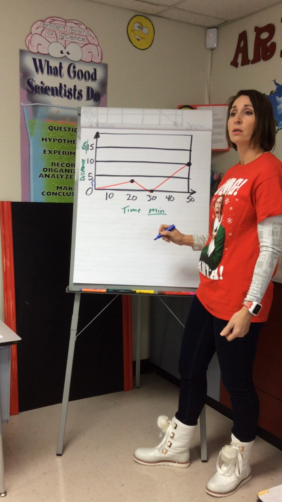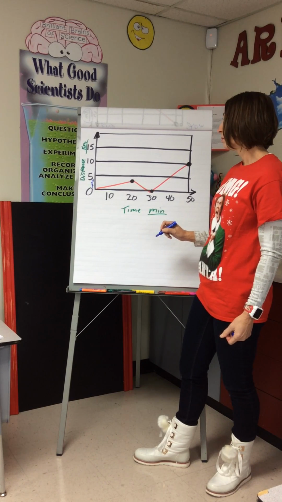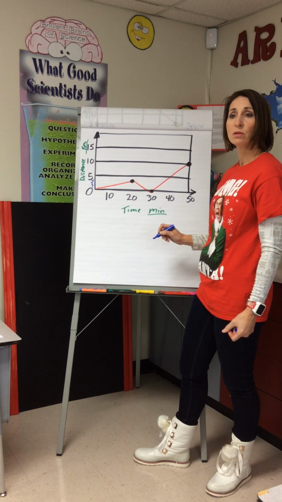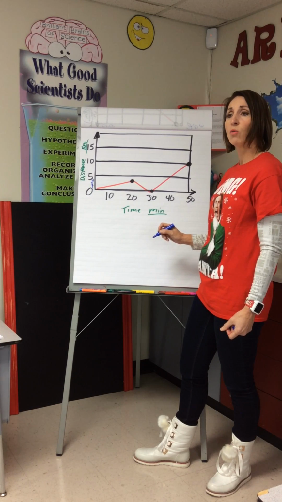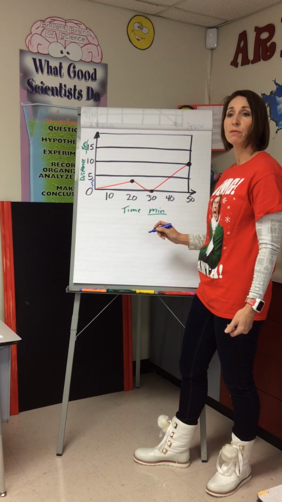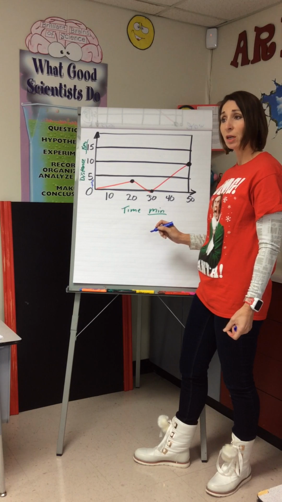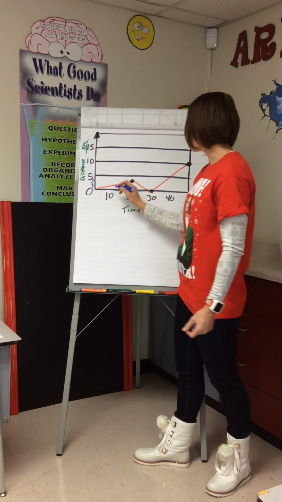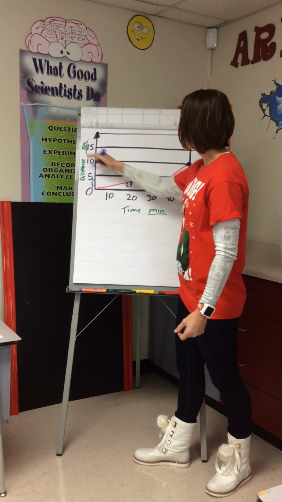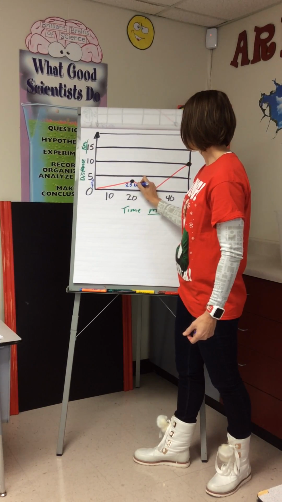What does it look like? To me, it looks like 3. Well, what's halfway between 0 and 5? What's half of 5? 2.5. So this is about 2.5 kilometers.